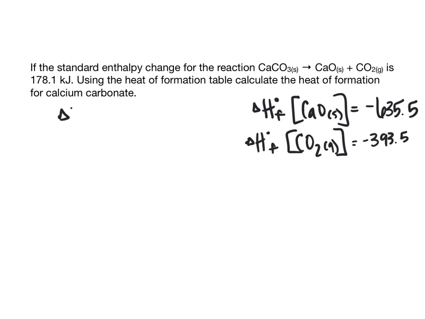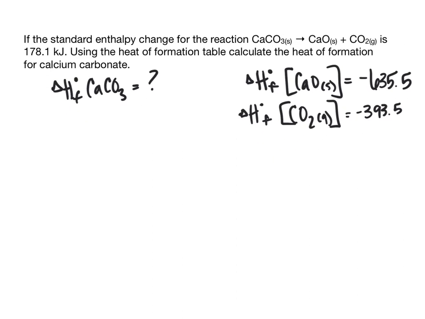So we want to know delta H naught F for calcium carbonate equals question mark. This is a little different than the previous example. So delta H reaction equals, in this case, 178.1 kilojoules. We already know the heat of the reaction, so we're just solving for the heat of formation of calcium carbonate.